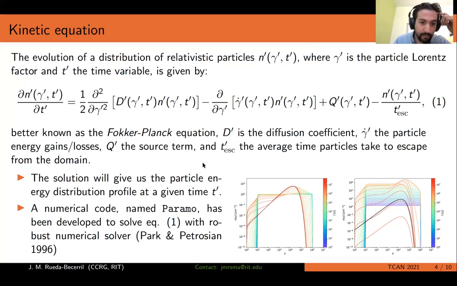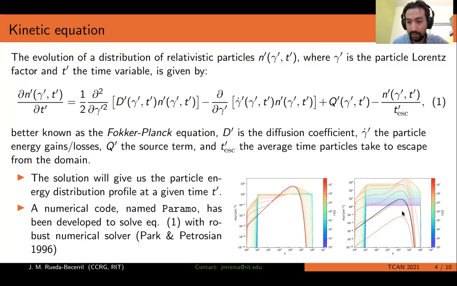So here, for instance, we have a simple test for the solver, in which we can see how the distribution evolves and reaches the steady state. And if we turn on the injection and escape of particles, we can see a completely different evolution, but also reaching the steady state profile.